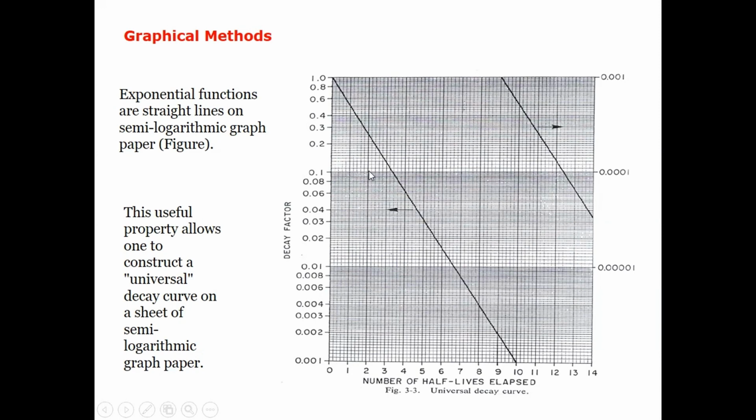For example, 0.1 is this 0.1, 0.2 is this 0.2, and so on. You have not taken any log on them, but they are really on a logarithmic scale. So if you plot the decay factors, e to the power minus lambda t, or the number of atoms decaying in a radioactive material, they show a straight line.